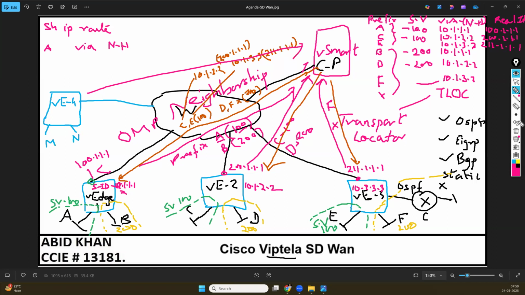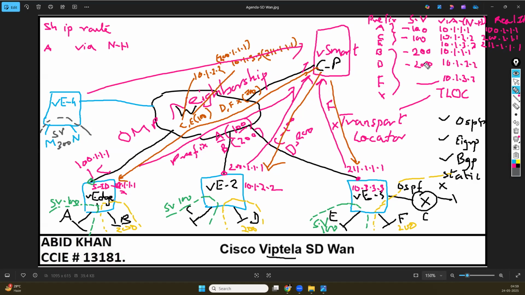But now let's assume that on this VH4, M and N have to be in some service VPN. Let's say both M and N are in service VPN 300.